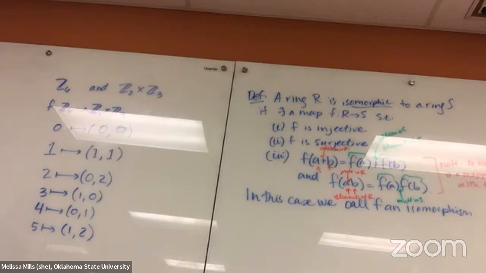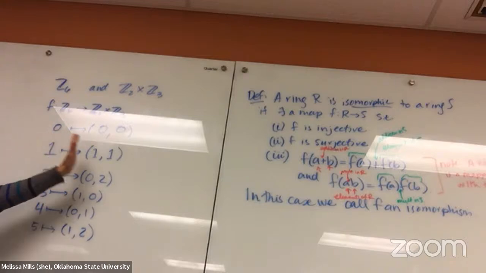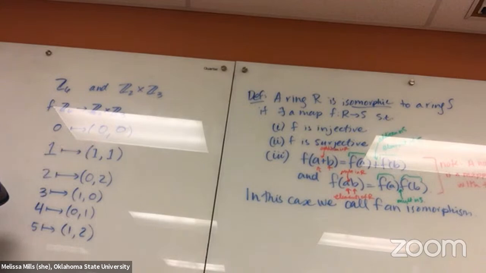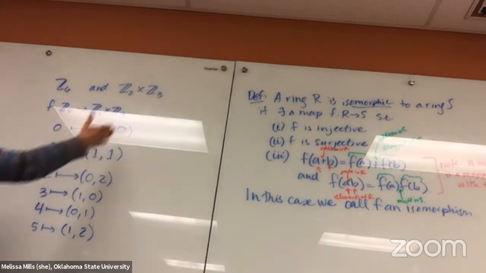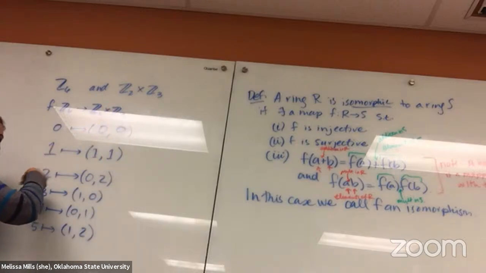So what does that mean? Yeah, right. So distinct elements get mapped to distinct elements. Is that happening here? Yeah. And surjective says what? Yeah, so everything over here is hit by something over there, right?